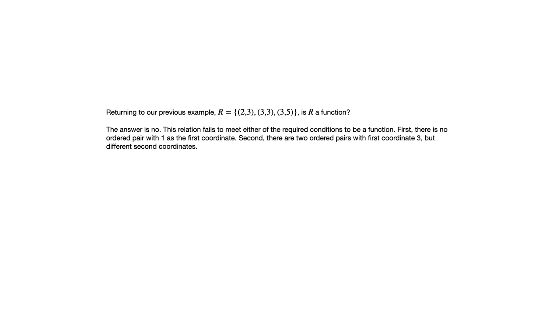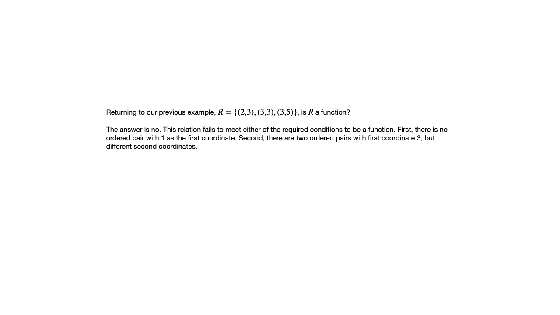So returning to our previous example, we can ask ourselves, is that a function? Remember, A was the set consisting of the elements 1, 2, and 3. B was the set consisting of the elements 3, 5, and 7. That's important because that's relevant to checking those two requirements.